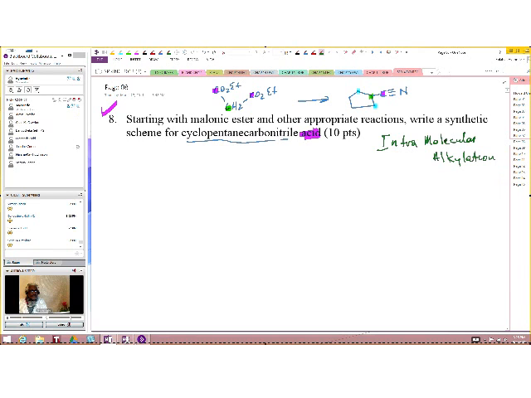And then you tell yourself, okay, what kind of alkyl bromide or chloride do I need to use? If this is the alpha carbon, and you are joining to this, and joining to this, therefore you need 1, 2, 3, and 4. So you need 4 carbons in that alkylating agent.